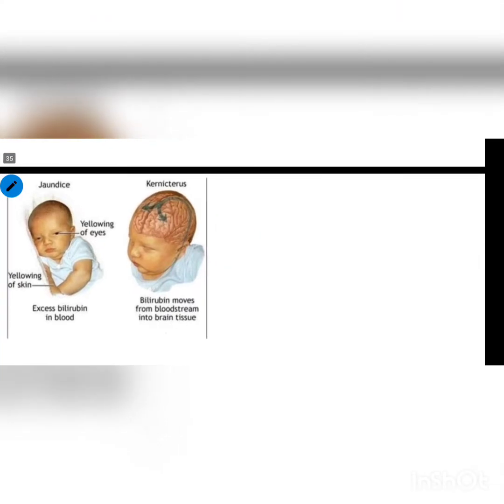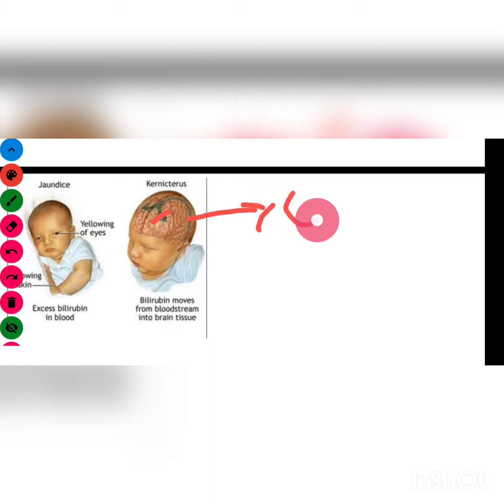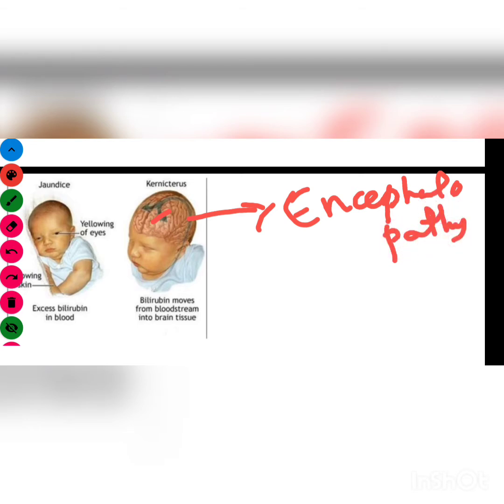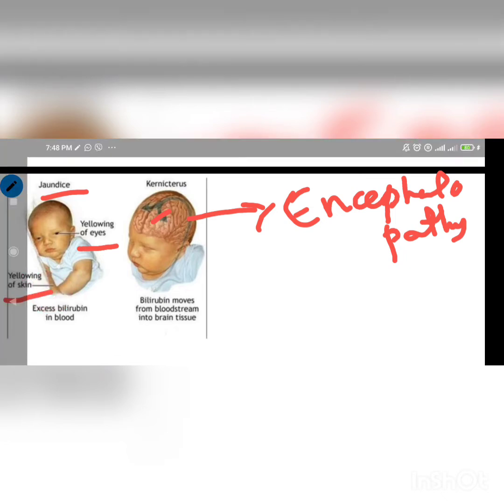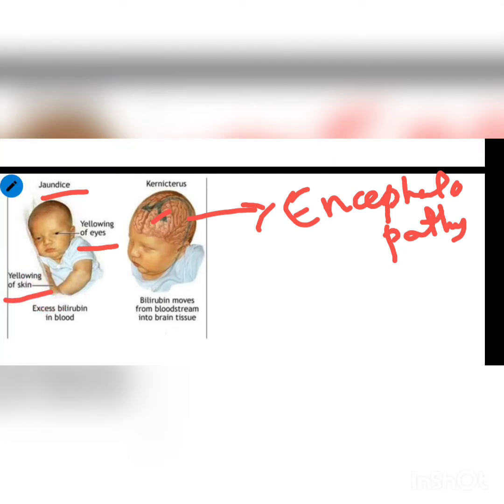So the bilirubin can move to brain tissue through the bloodstream. So it can cause encephalopathy in children. You can see the manifestations of jaundice in newborn: the yellowing of the sclera of the eye, the yellowing of the skin, and excess bilirubin in the blood.